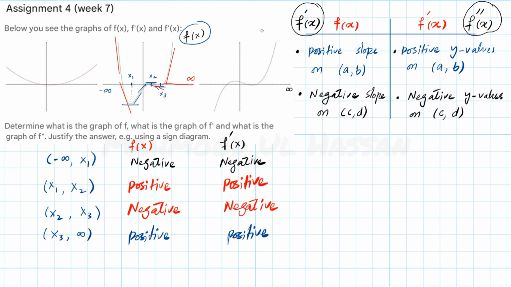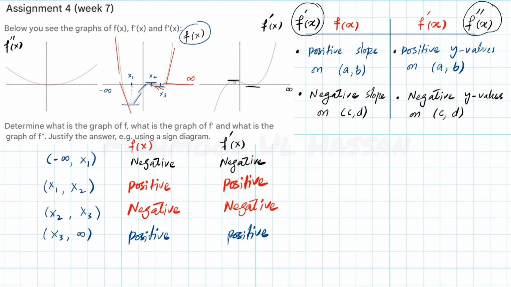So here this represents our f prime of x, and this graph represents f double prime of x. Okay, so now you can see the first local maximum is here, and the second is somewhere here. Sorry, the local minimum, this is the local minimum value.